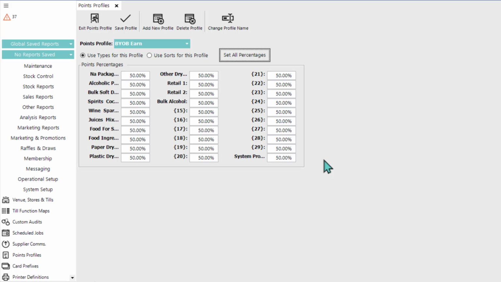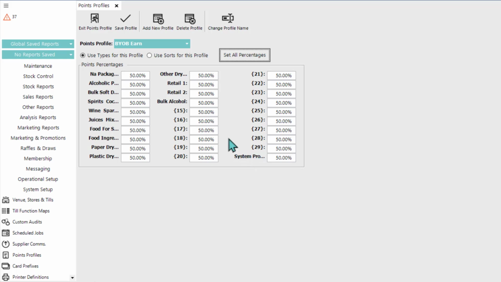And keep in mind also that these can be set to rates over 100, so maybe a profile being used for redemption will be set to 200%, for example, or have some of the sorts or types set to 200%. Now, since we do have up to 30 of either sorts or types, whichever we're using for a points profile, it gives us a lot of flexibility with being able to cater to different circumstances or needs.